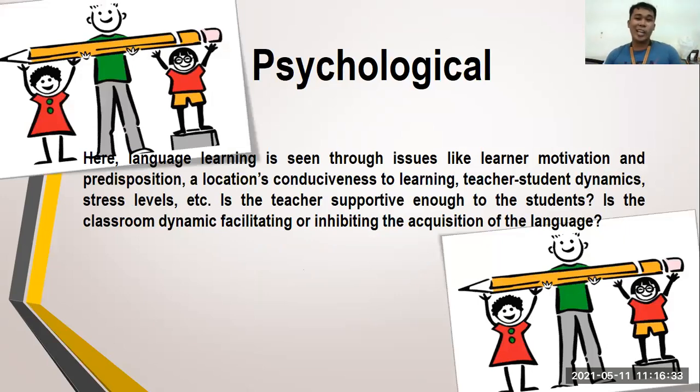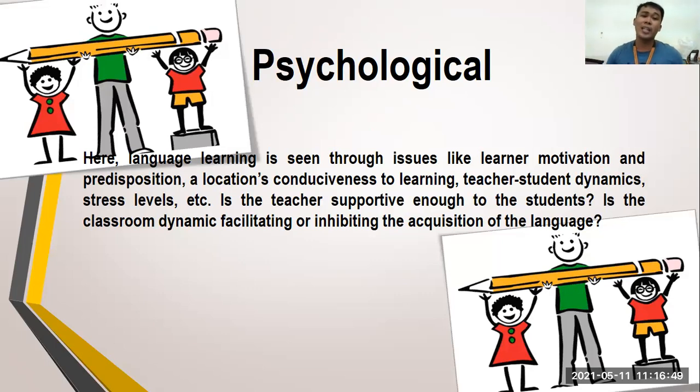Now, in the psychological aspect, how they apply it: if they already learned the structure, they already have the base, and in the cognitive, they already think about the process of grammar.